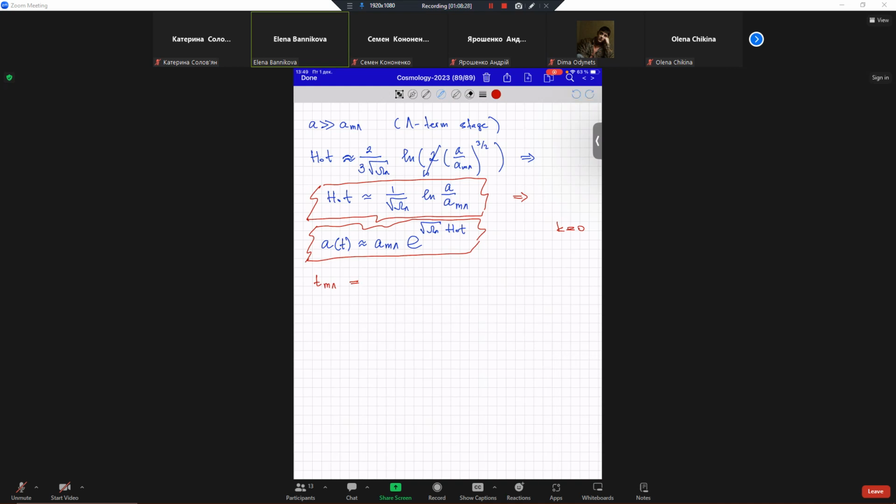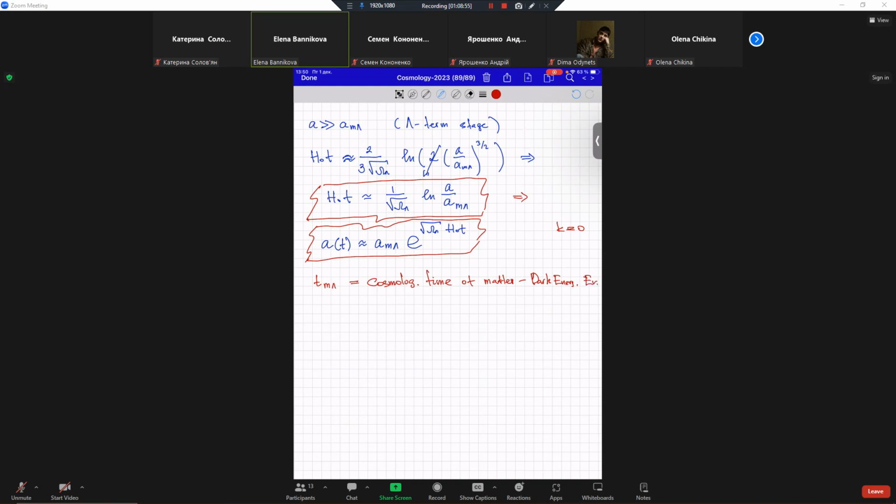This is the cosmological time of the matter-dark energy event.